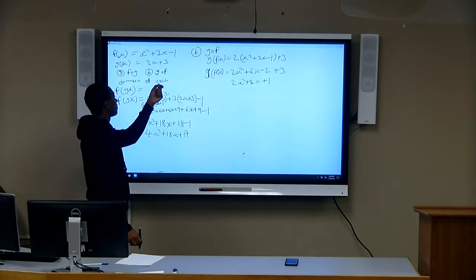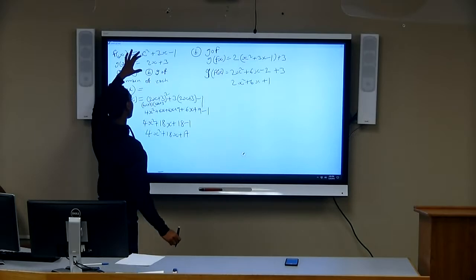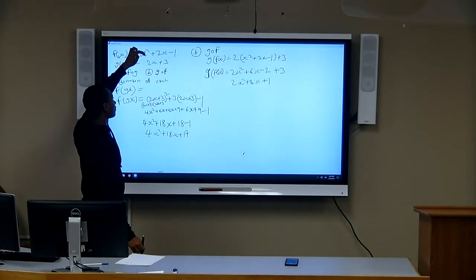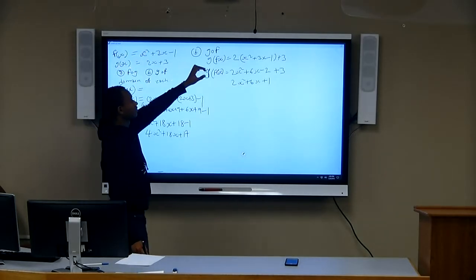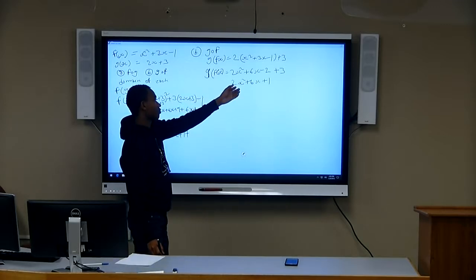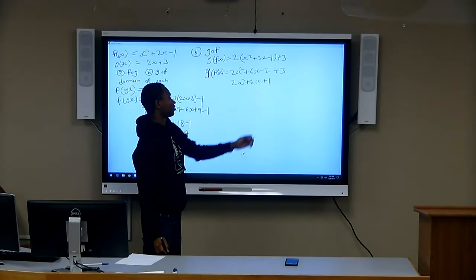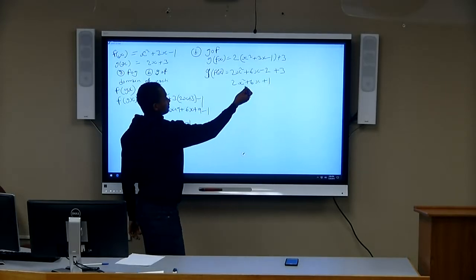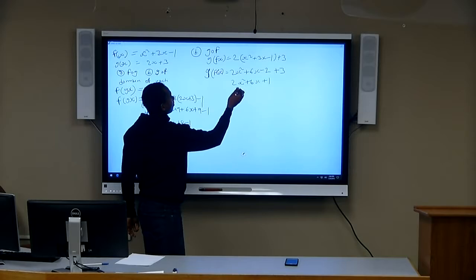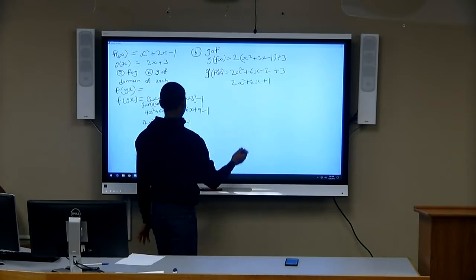So to find the domain of this thing, I said earlier the domain of this one is all real numbers. This one is all real numbers. So therefore the domain of this one is going to be all real numbers. As you see, it's a polynomial. Any number you put in here, it's going to give you an answer. So the domain is all real numbers.